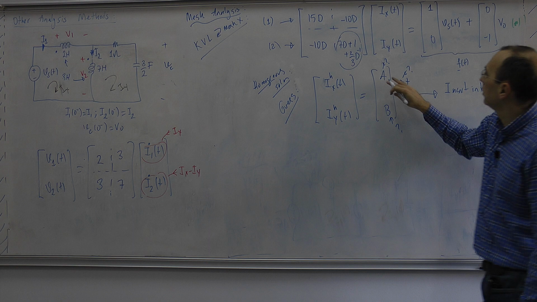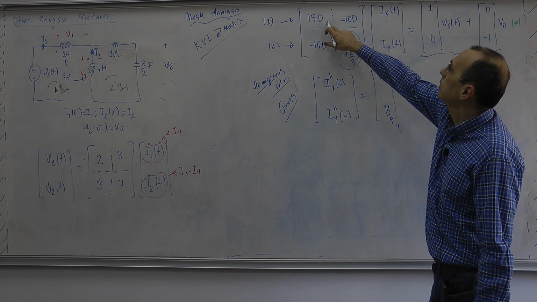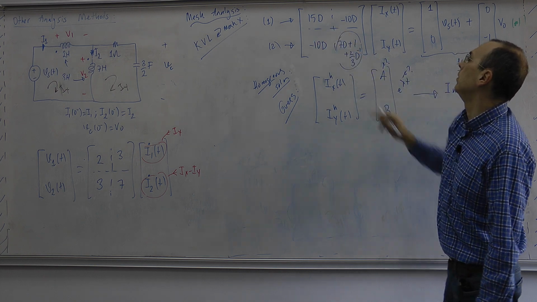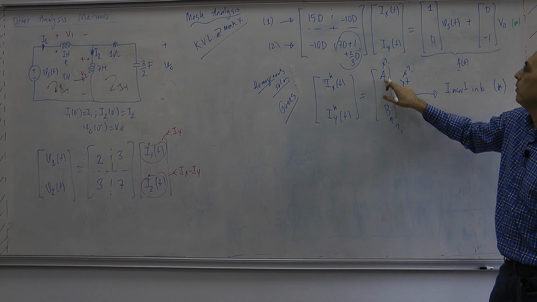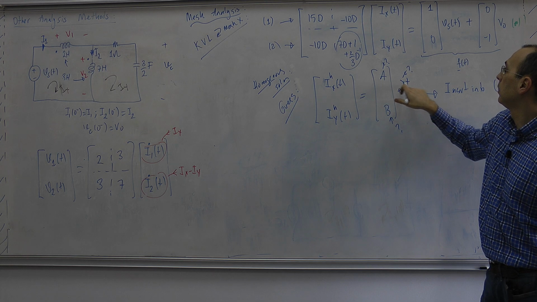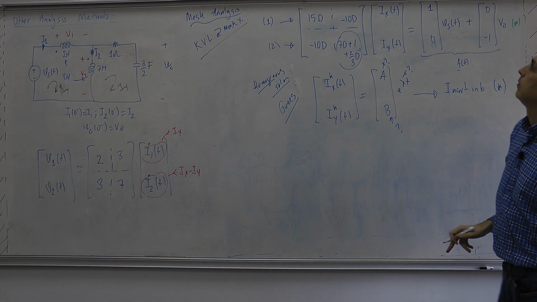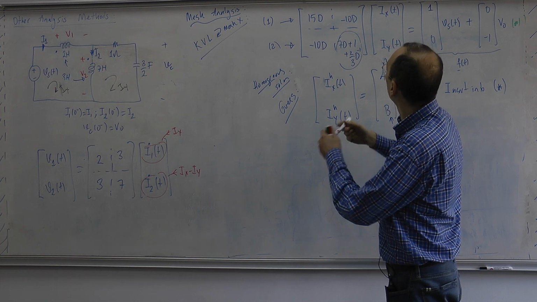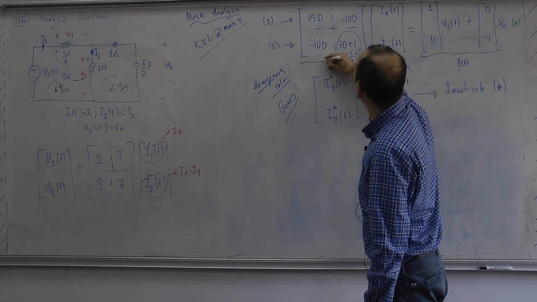So if I do this substitution, you will see that I need to multiply this by 15 derivative, 15 times 15d. So that means that I'll be having 15a times this lambda at the end. So if I write this matrix, let me write it this way.